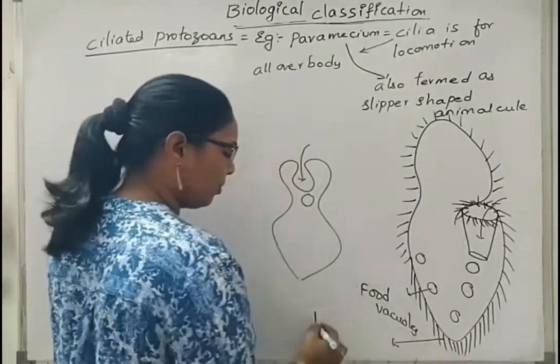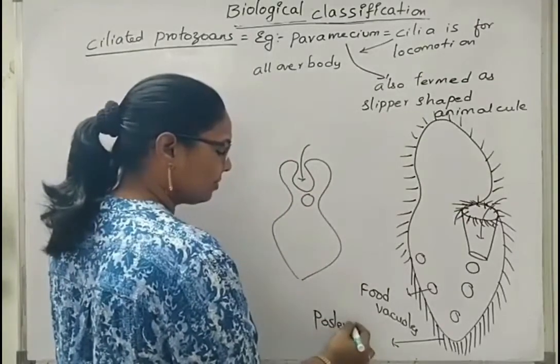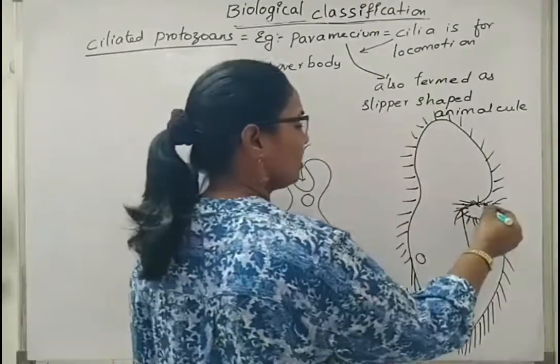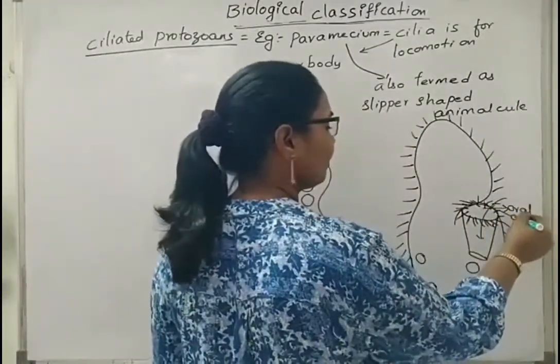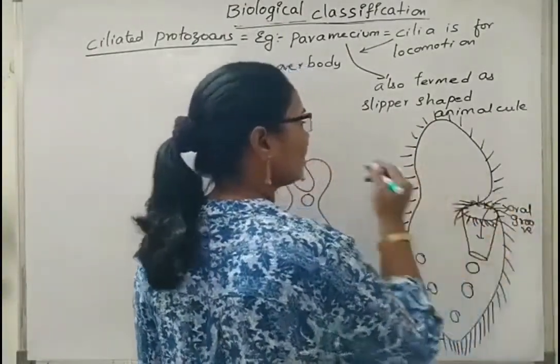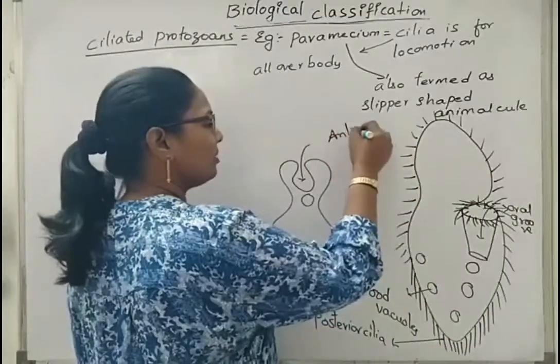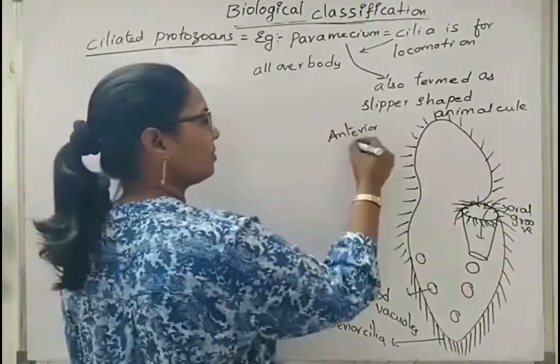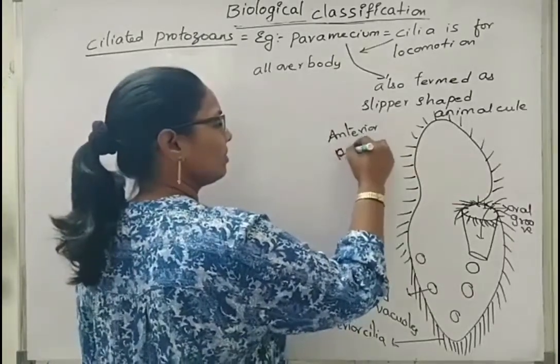So this is the posterior side of the body with a tuft of cilia. This is the oral groove. This is the anterior part of the body.